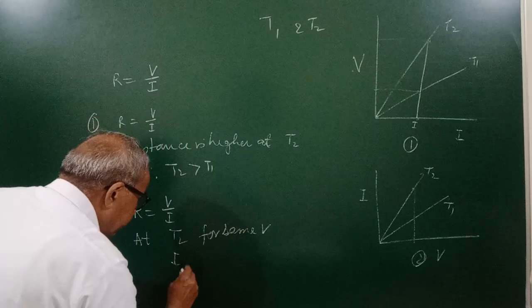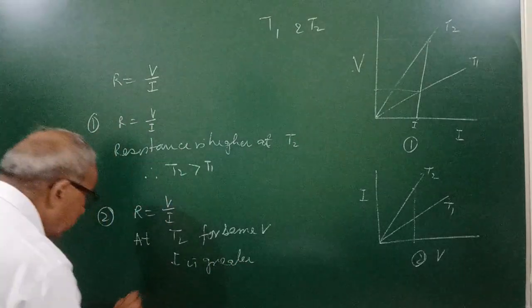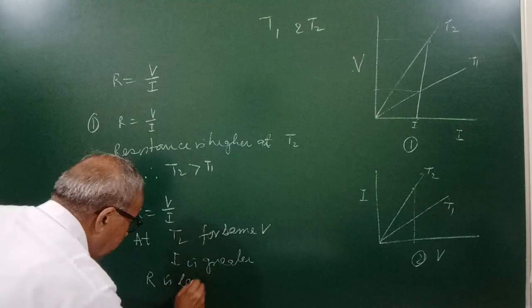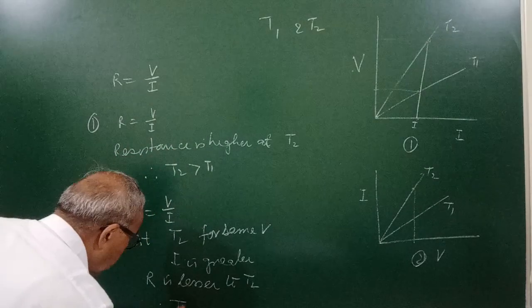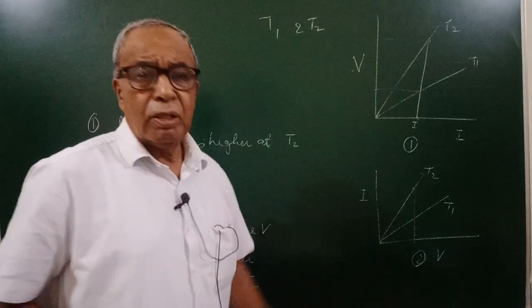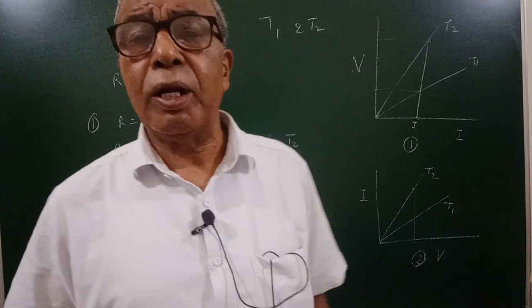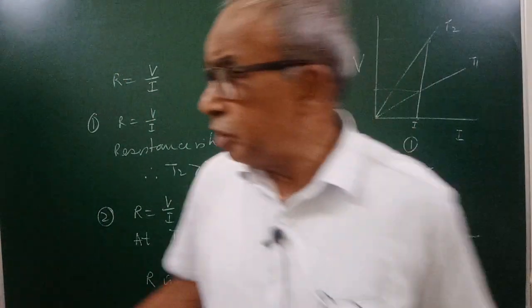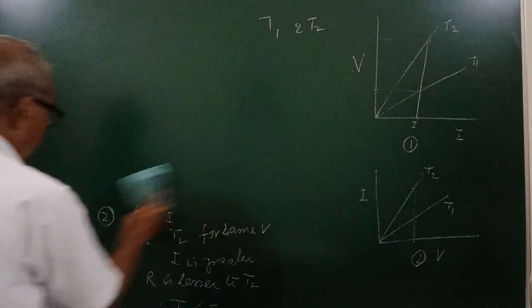So R is lesser at T2, and hence T2 is less than T1. So they may ask this anyway. This question of 1 mark uses Ohm's law as well as the variation of resistance with temperature. This way they mix topics in a question of 1 mark.